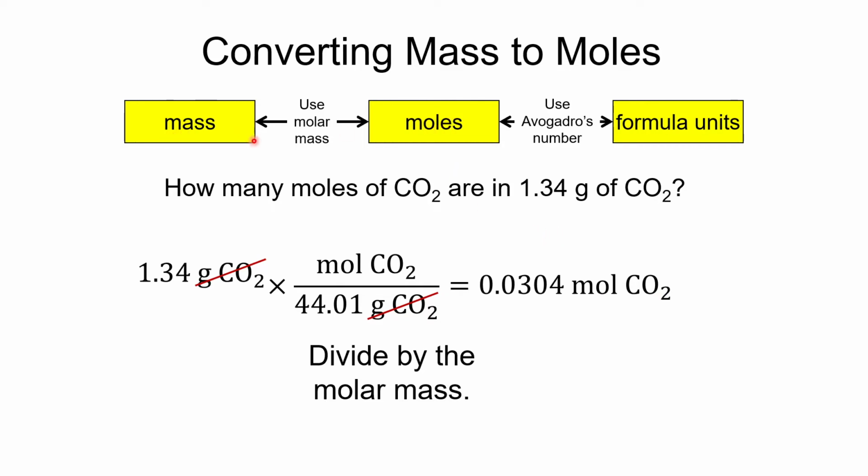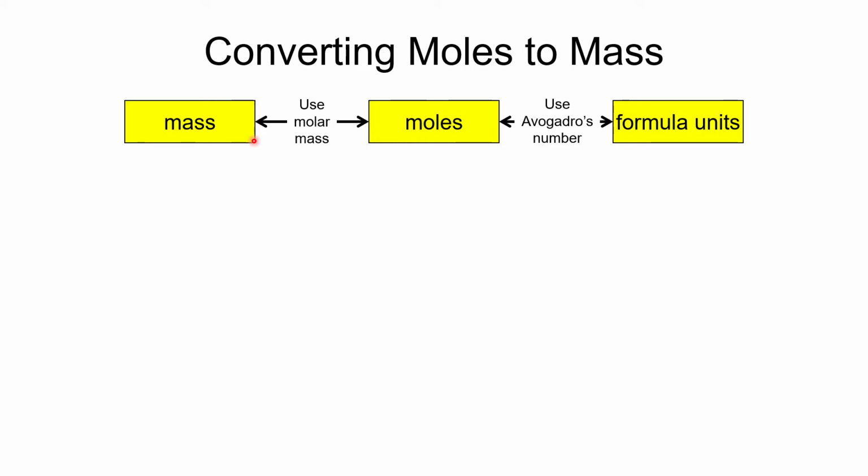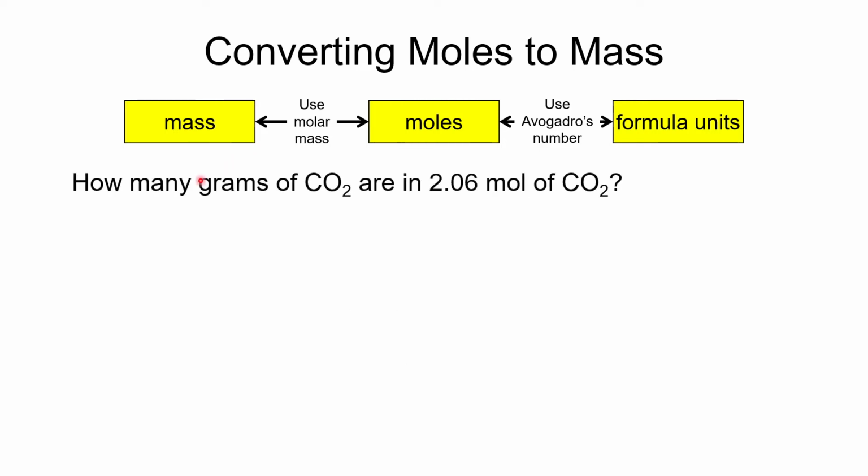We can, in a very similar fashion, do the same calculation, but going the other way, from moles to mass. So, for example, if we want to know how many grams of CO2 are in 2.06 moles of CO2, well, we'll start with the number that we know, the 2.06 moles of CO2. Instead of dividing by the molar mass, though, we're going to multiply by the molar mass. You don't have to memorize, oh, it's divide going this way and multiplying going the other way.